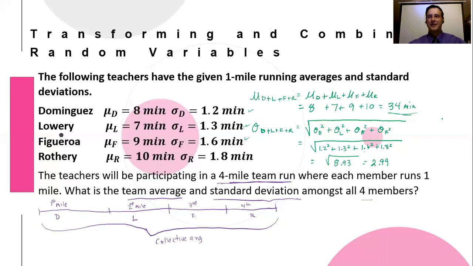What does that mean? I like to write out my standard deviations. On average, the team time for a 4-mile race will vary by 2.99 minutes from the mean.